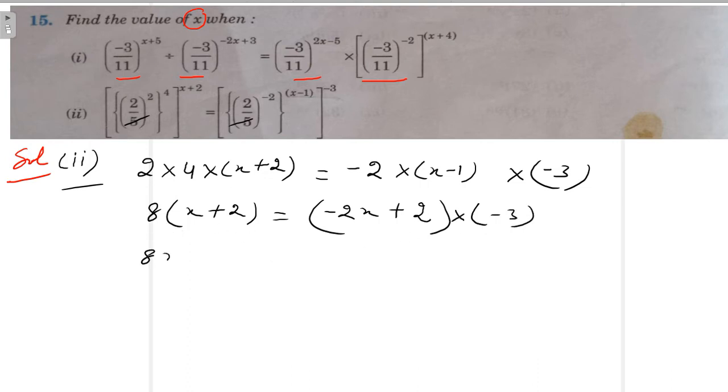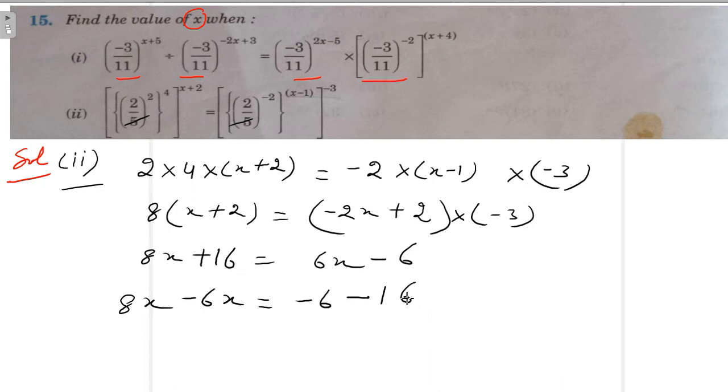So 8x plus 16 equal to minus minus plus 6x minus 6. So we have to change the side of x. Here it is positive, this side it will become negative, and when this turns to this side, this would also become negative.